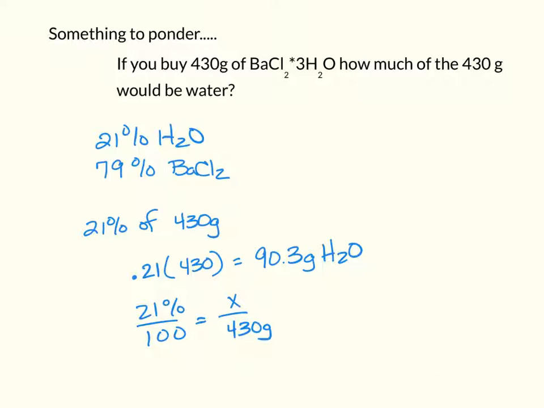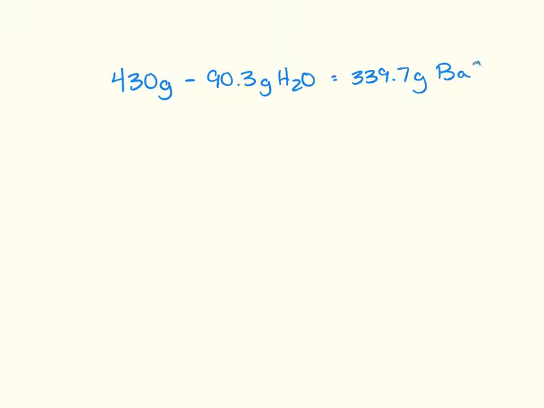Can you figure out how much would be the salt? Right, if you started out with 430 grams and 90.3 grams of it was water, then 339.7 grams would be the barium chloride. Think of it this way.